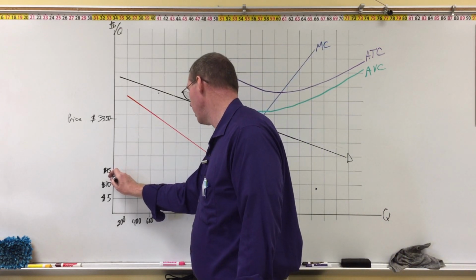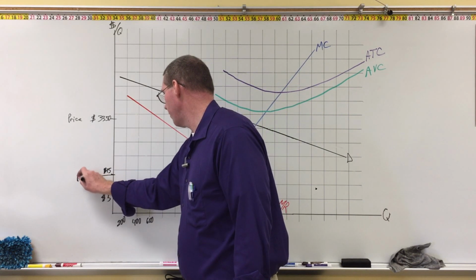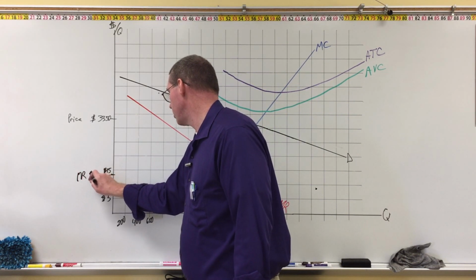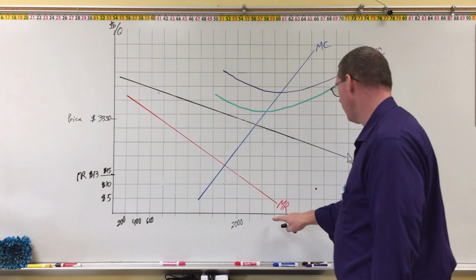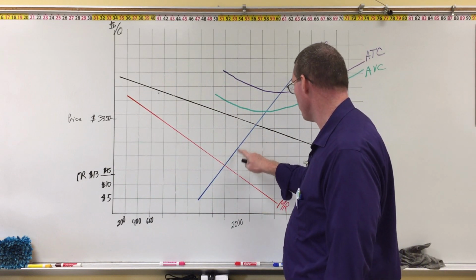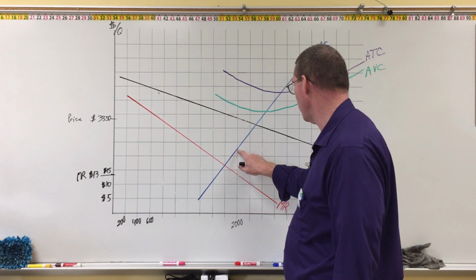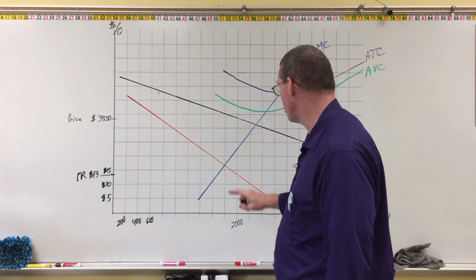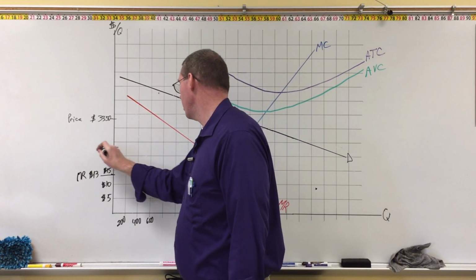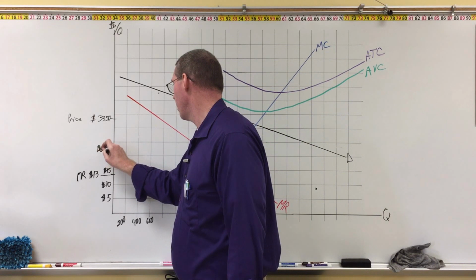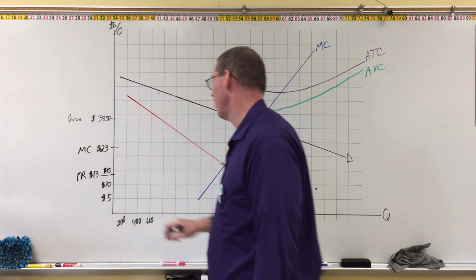That's probably right about here. So marginal revenue is about $13, okay? Now let's identify the marginal cost, which is the blue curve, 5, 10, 15, 20. That's maybe about $23. So this over here, we'll put $23. That's going to be the marginal cost.